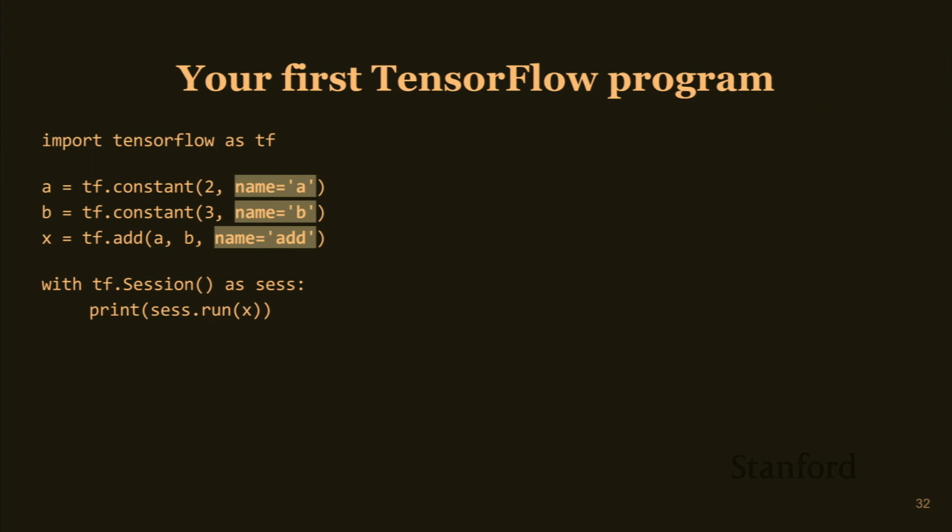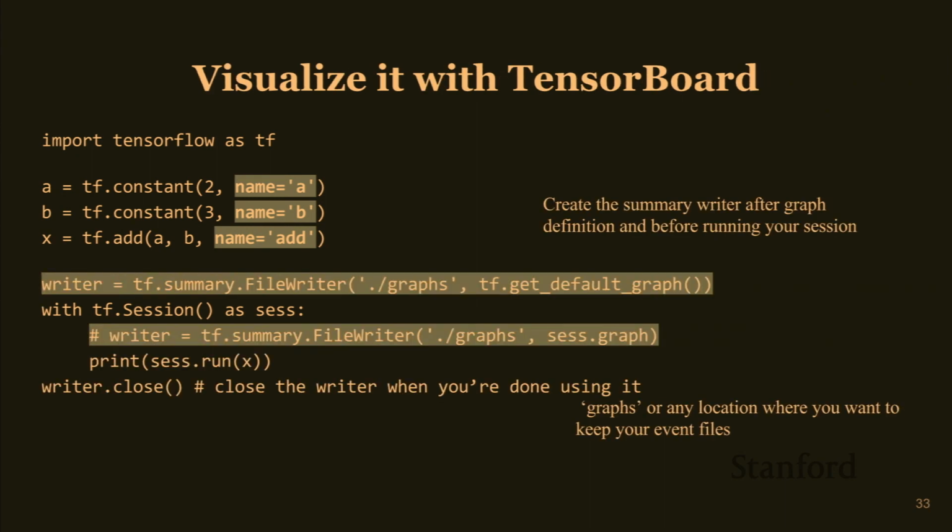So when you have something like this, with just three ops, A, B, and X, and we want to write our graph to TensorBoard, we first need to write to some kind of event file or log file. We do that using a file writer. We can create it in either of two locations.